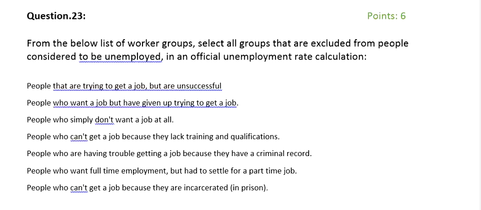Question 23. From the below list of worker groups, select all groups that are excluded from people considered to be unemployed in an official unemployment rate calculation. People that are trying to get a job but are unsuccessful are unemployed. People who want a job but have given up trying to get a job, that's one case. People who simply don't want a job at all, that's also another case.